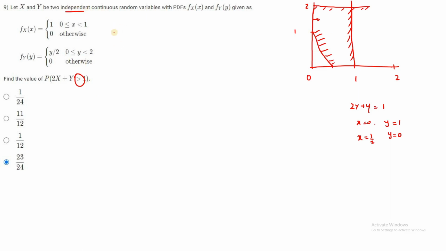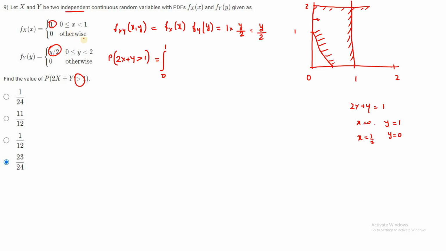Okay, so they have given this as independent, so what shall we do? We shall find out fxy of x comma y, which is nothing but fx of x into fy of y, which is nothing but 1 into y by 2, this guy and this guy, so which is equal to y by 2. So now probability of 2x plus y greater than 1 is equal to integral 0 to 1.